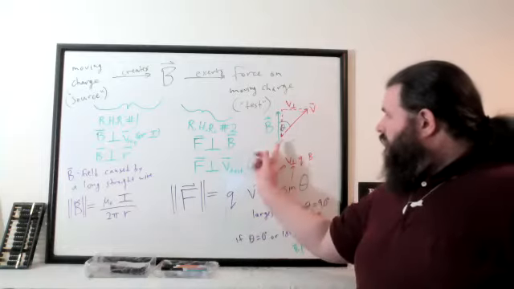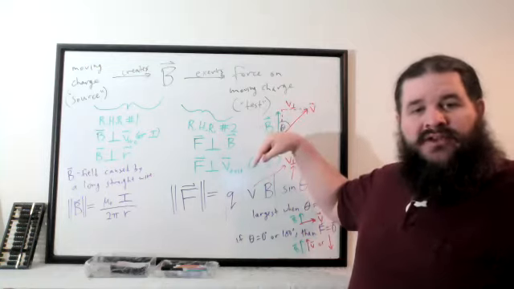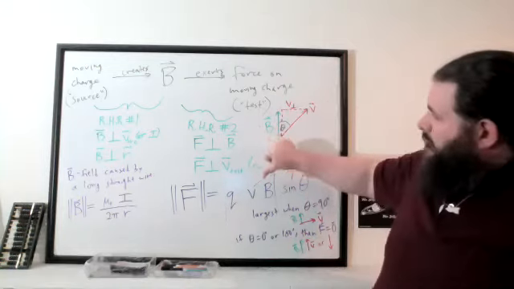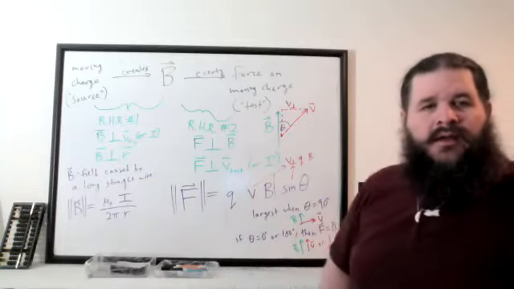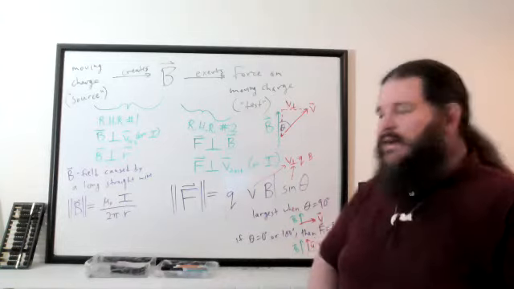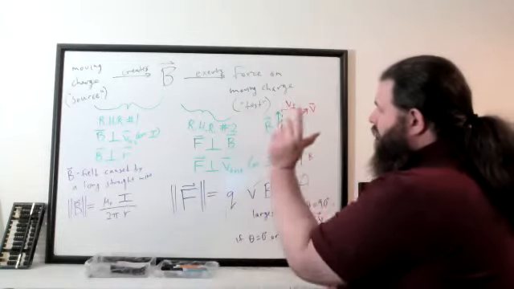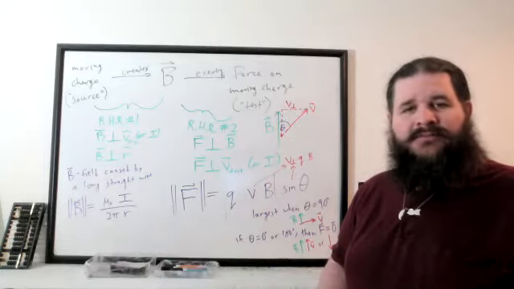Like if you have a negative charge moving to the northeast, just pretend it's a positive charge moving to the southwest. Velocity, magnetic field, force. So that would still be an inwards force. Or a third way for negative charges, just use your left hand instead. Velocity, magnetic field, force. Either way, we get an inwards force on that negatively charged particle.